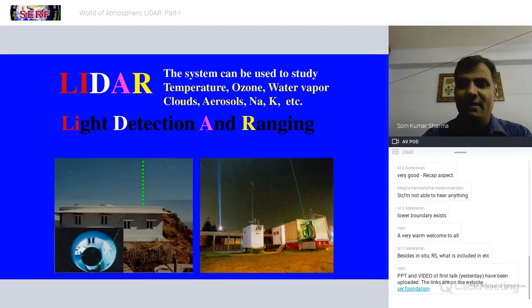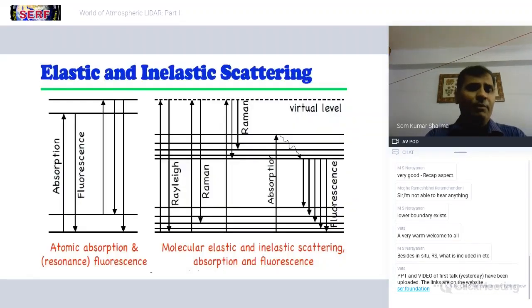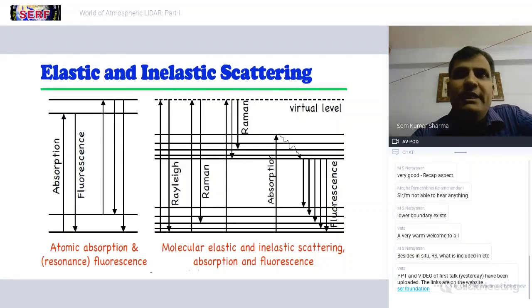So today, further in my talk, I will give a little description of why laser, why not other light. I will give just glimpses of that today within our discussion. Before I start anything about the lidar, I would like to say one thing.